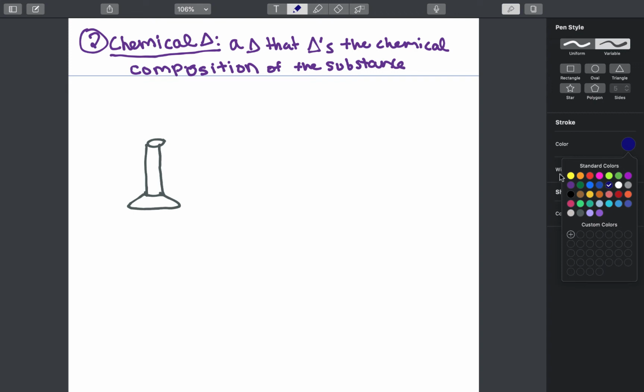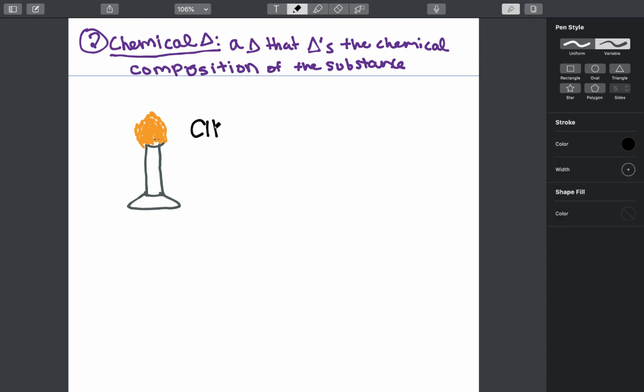One of the chemical changes is when you react methane with O2 gas. When you put a match over this methane gas, it causes a flame to erupt. So the chemical reaction that's actually taking place in this process is this chemical reaction. We'll go over this type of stuff later on.